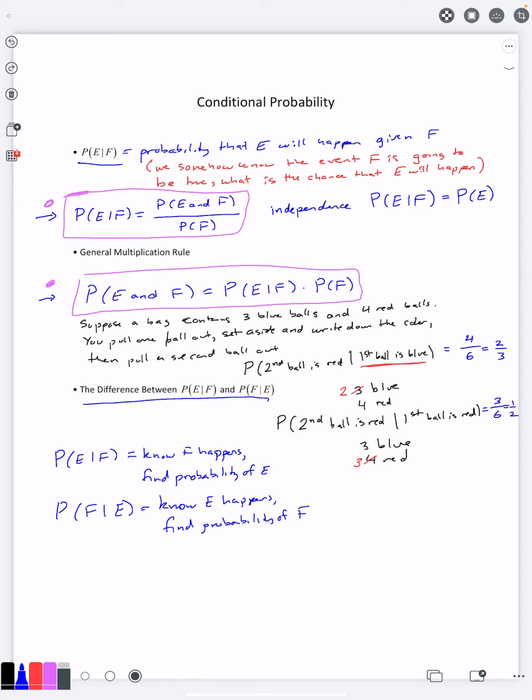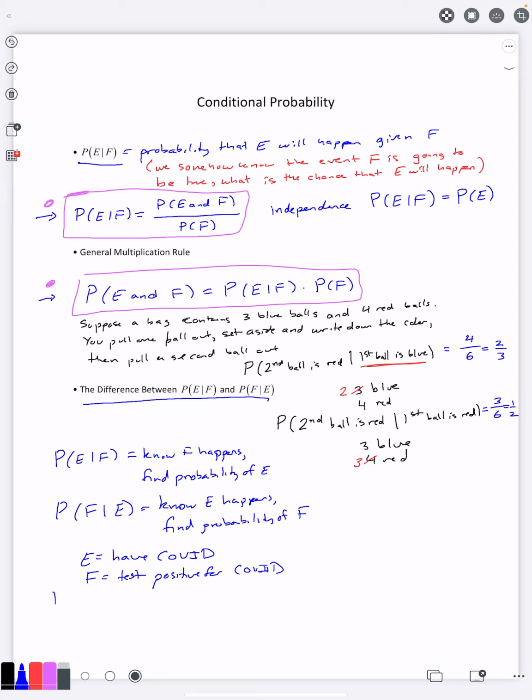To give a real-world example, since we're still dealing with the pandemic here, let's suppose the event E is you have COVID, and F is you test positive for COVID. And you might say, well, these are the same thing, and they're really not, because tests are not perfect.